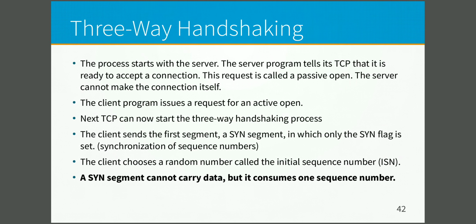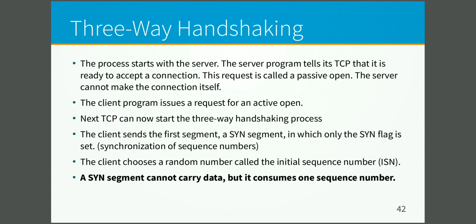An important thing about a SYN segment is that it cannot carry data. It is quite obvious, because unless the connection establishment is over, TCP does not allow for data transfer. Therefore, a SYN segment cannot carry data, but it consumes one sequence number.